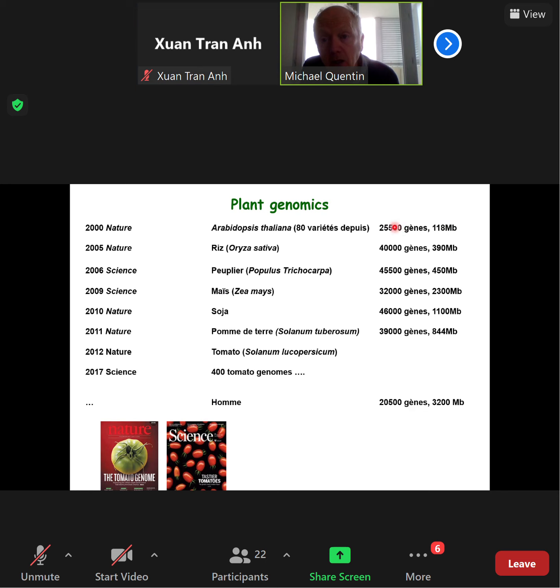However, the human genome has a bit more than 20,000 genes. The Arabidopsis thaliana genome, which is much smaller, has more genes: 25,000.